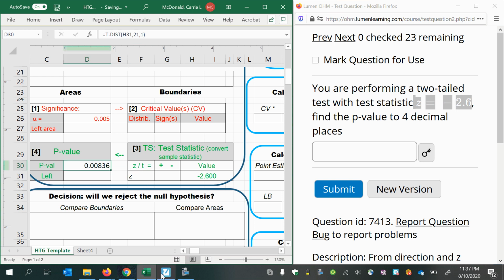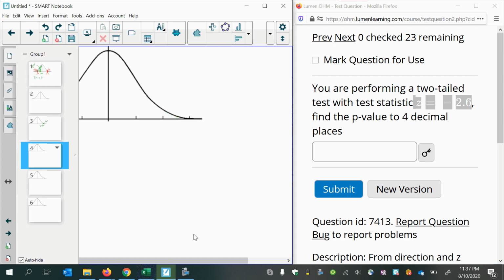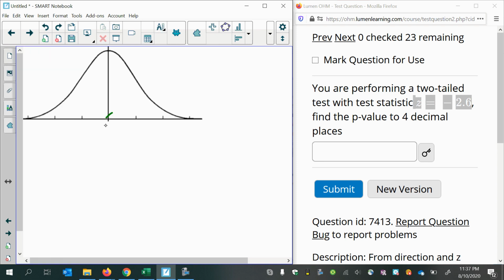And this is a two-tailed test, so let's do a little sketching here so we can understand what we're looking for. Make sure that our answer is right because it can be a little tricky. All right, so here we go. We have a test statistic of negative 2.6. And so that is on the lower side.